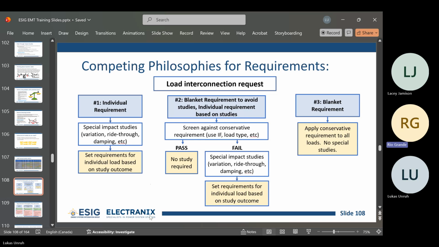Basically, you get the load, you talk to the load, they tell you what sort of fluctuations they're going to output, whatever they can tell you. They're going to give you their ride-through characteristics and their damping, etc. And then you do a very detailed study and try to assess the impact that the load is going to have on nearby generation or on your system.